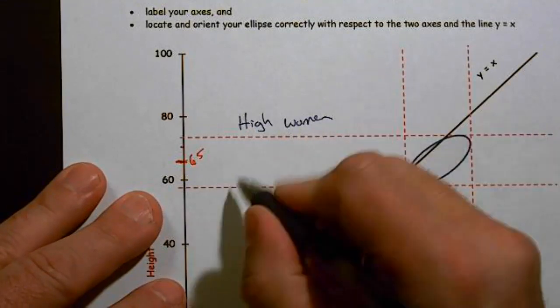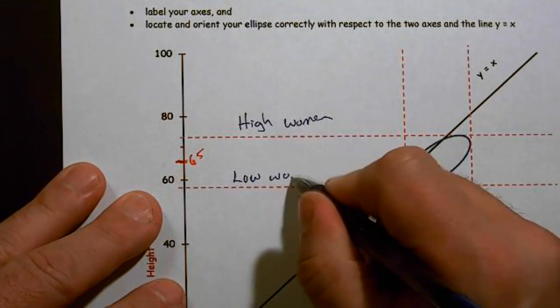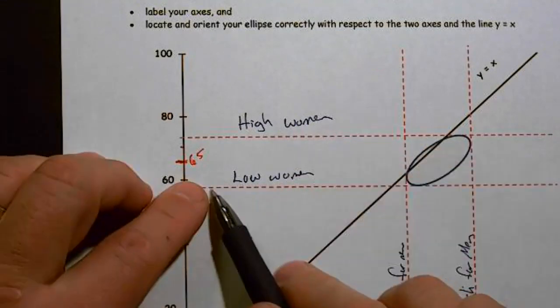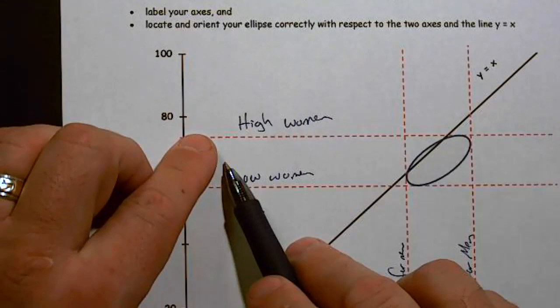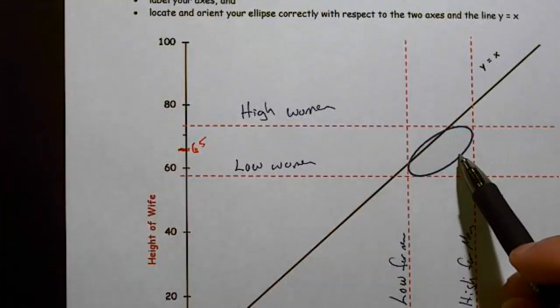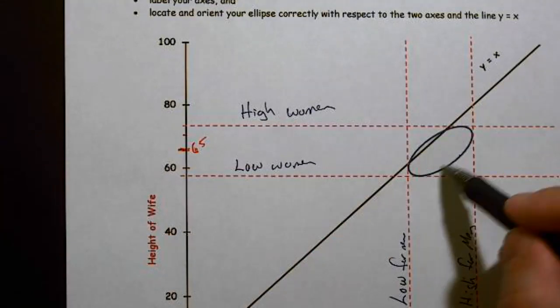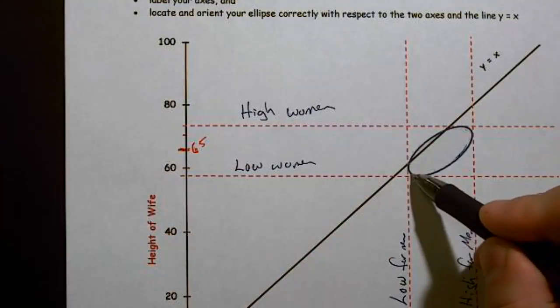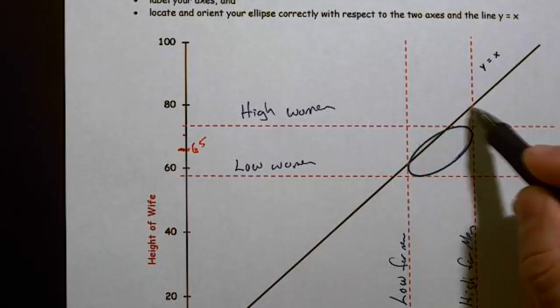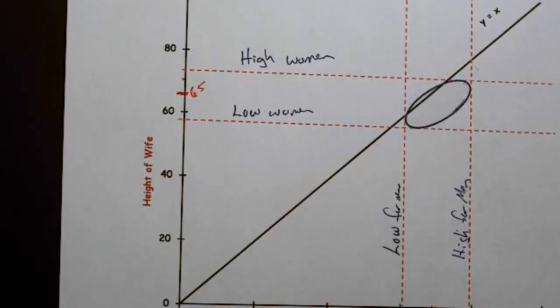And these would be the shorter women. Once again, this value is 3 standard deviations below. This is 3 standard deviations above. So I got this intersection. So I need to fit an ellipse in there, and I just kind of sketched it out. And so that would be my ellipse. And that right there would have gotten you full credit.